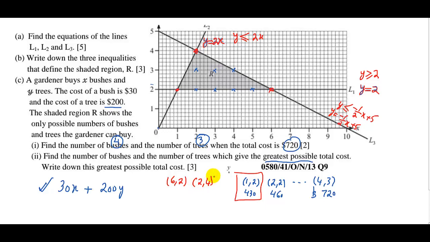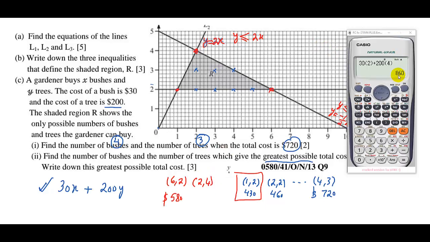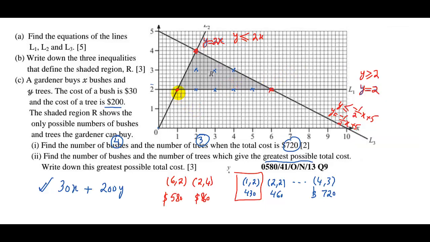And see what the cost is. Putting in these 3 corner points, we get the total costs, and out of these 3 points, the highest total cost is 860. So the greatest possible cost is $860, and it uses 2 bushes and 4 trees.